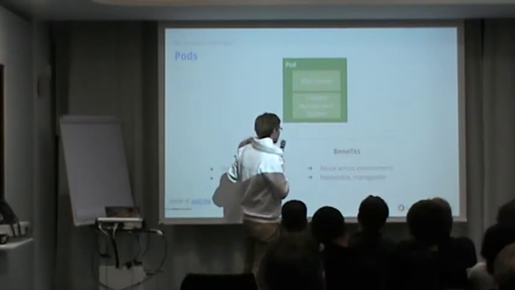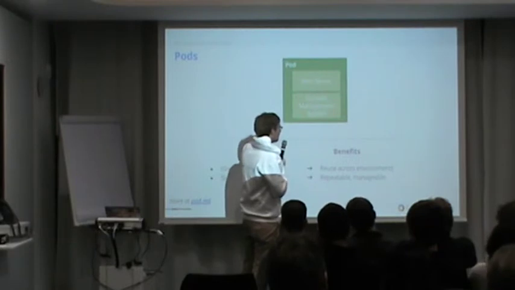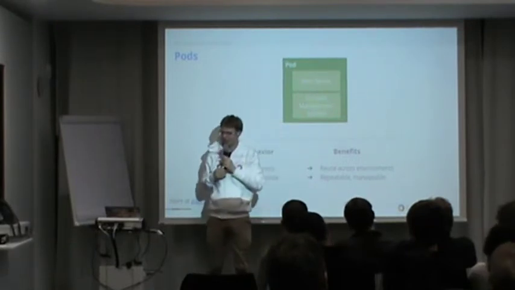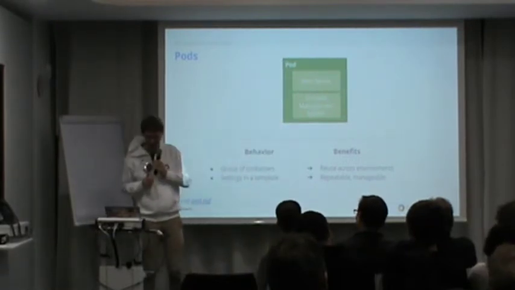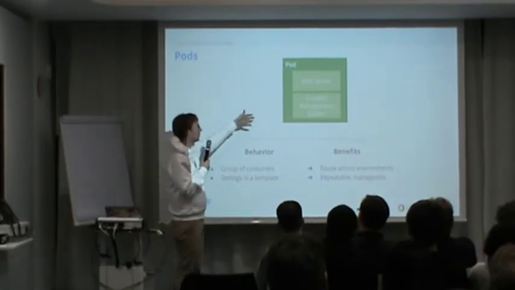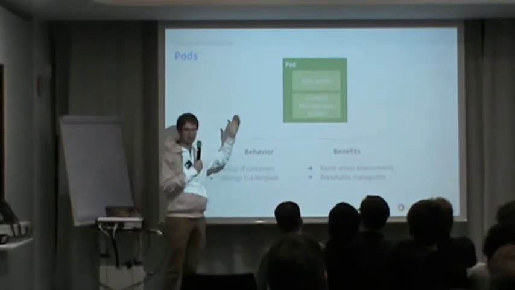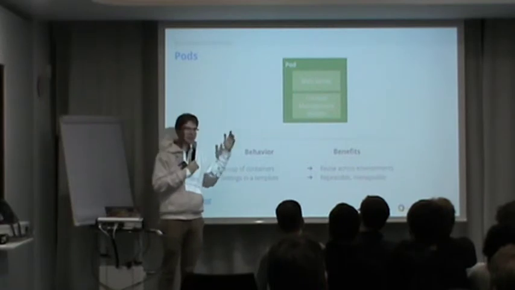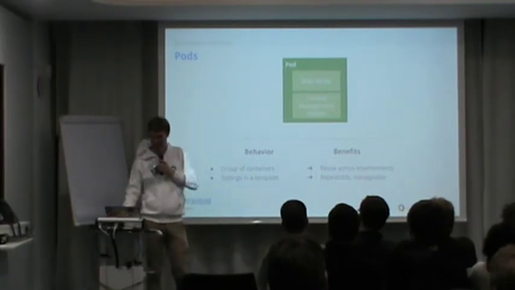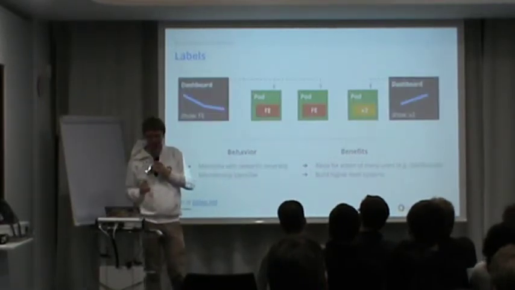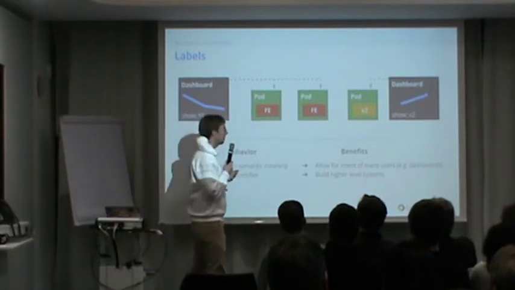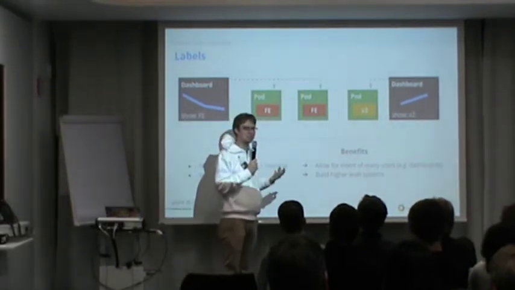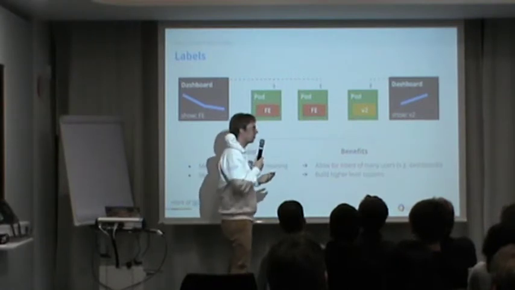So this is one concept Kubernetes has. And you basically template them together in one way, and you say, okay, I make a pod out of these things and can have several containers. Then we have a concept called labels. And labels are for everything which doesn't need to be on the same machine, but you want to group containers or pods in different ways.